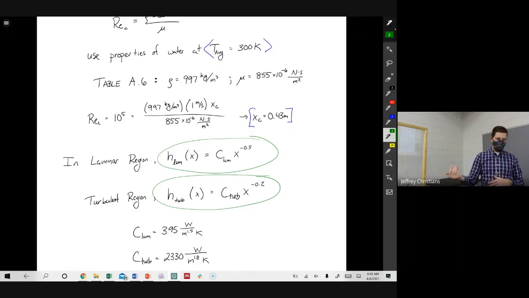What we're going to do next is going to show us the general ways that we can think about attacking these kinds of problems, both from a mathematical standpoint and maybe more importantly from an experimental standpoint. If you have a system and you want to understand what convection is doing, what kind of experiment do you need to design to be able to model your system under all of the conditions that it might experience?